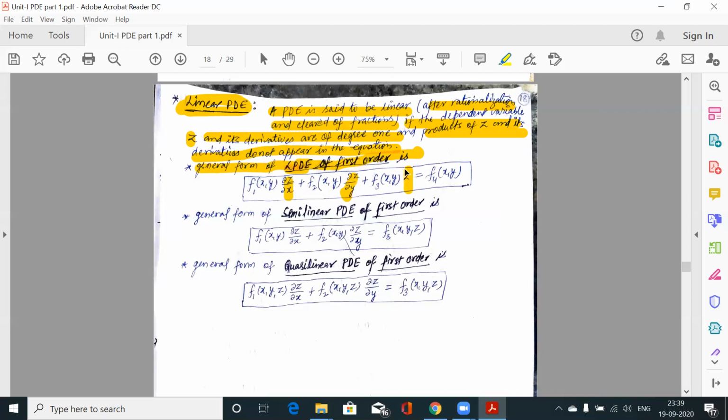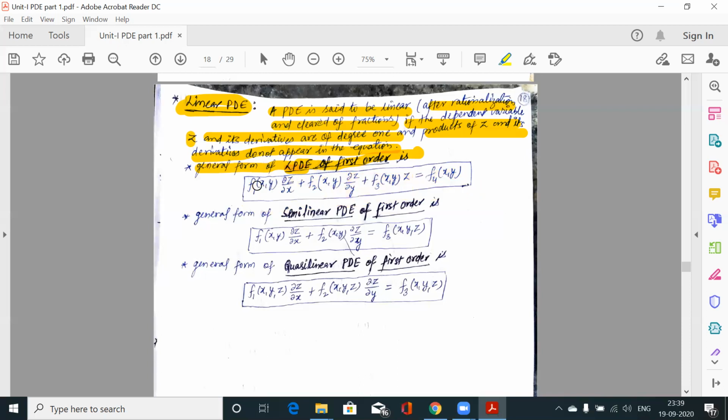Also the power of z is 1, the power of del z over del y is again 1, the power of del z over del x is again 1. So it is a first degree equation, and first order means it can include only first order derivatives, del z over del x, del z over del y. So this is the general form of LPDE of first order.